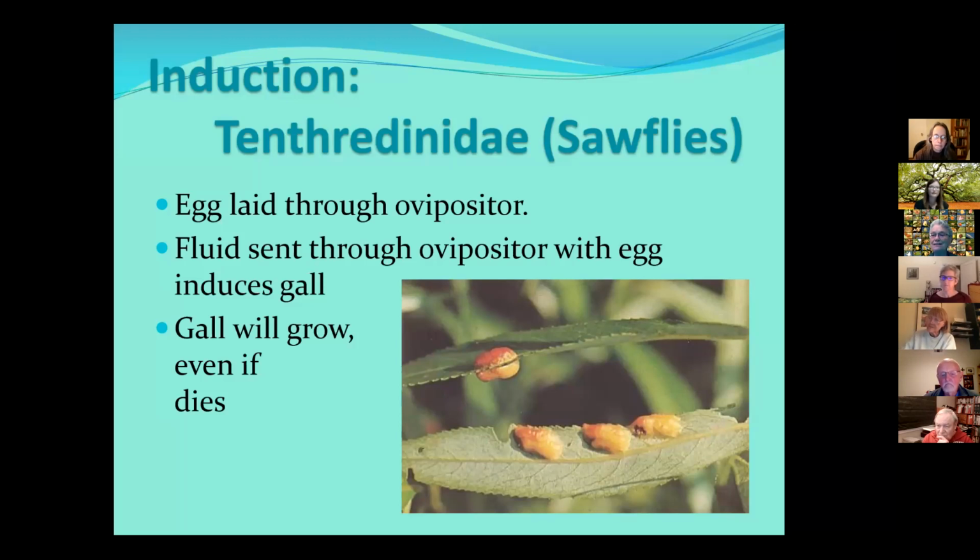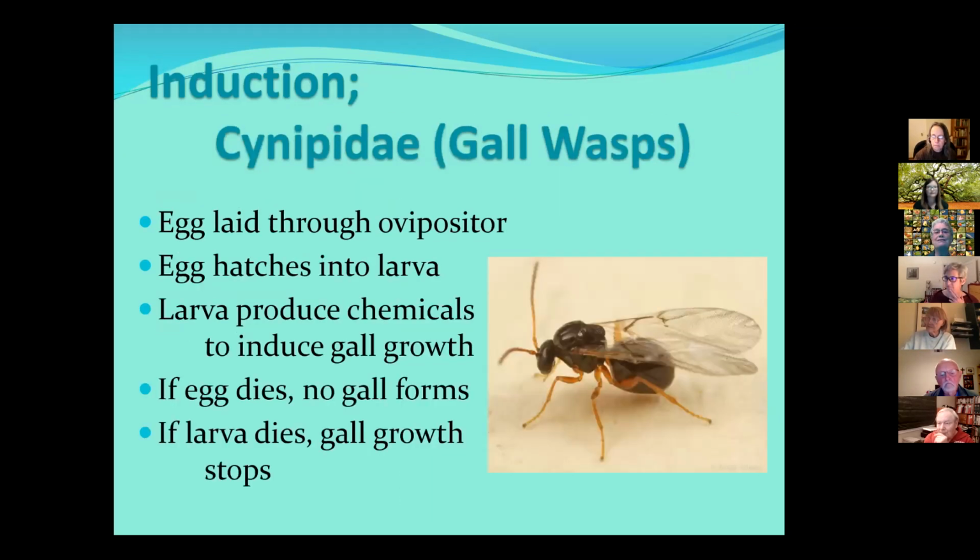Okay. Sawflies, if you don't know, have this long ovipositor, and often it's sort of jagged, like a saw edge. Now this one is in a gall on leaves, but many sawflies actually live in wood, and they need to be able to put their ovipositor deep in wood. So, all right, let's look at induction in gall wasps.